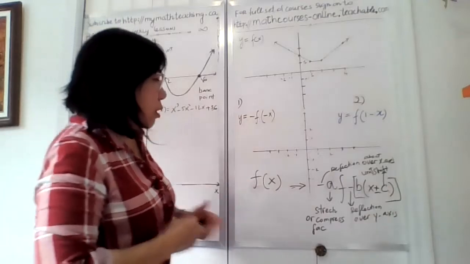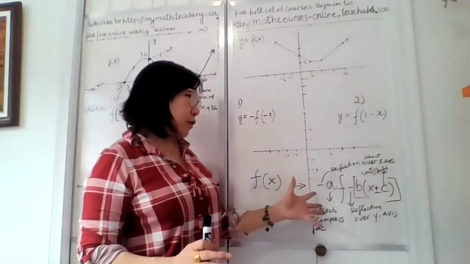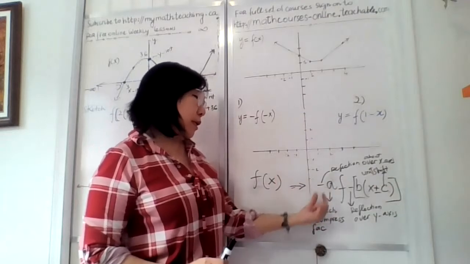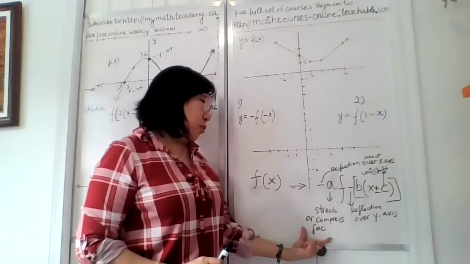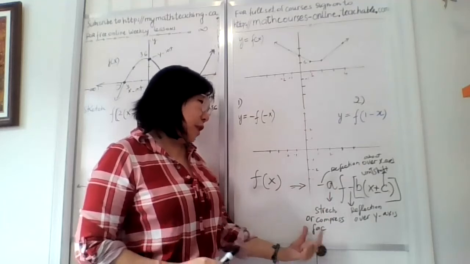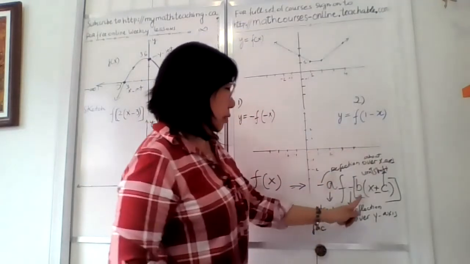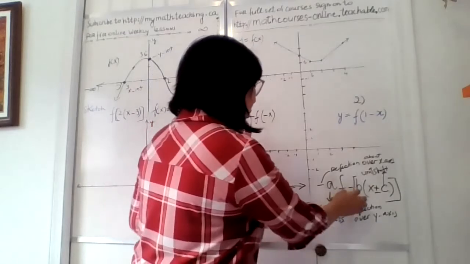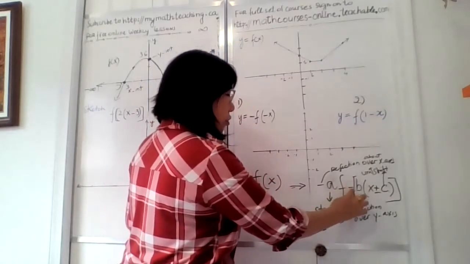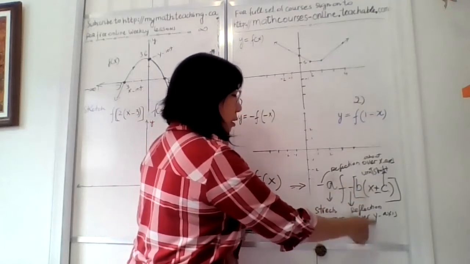Okay, so if you have a plus sign in front of A, there is no reflection over the axis. But if you have a negative, then you have a stretch of A, but also the reflection about the axis. If you have the negative inside the function, then this is reflection about the y-axis.